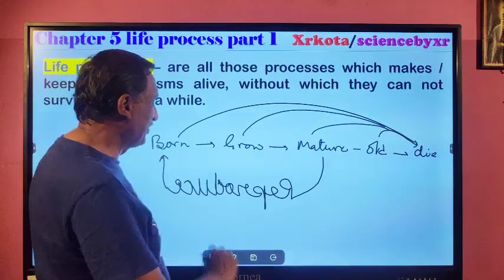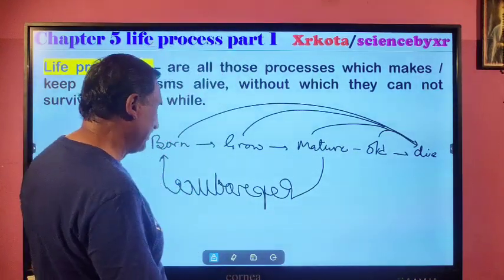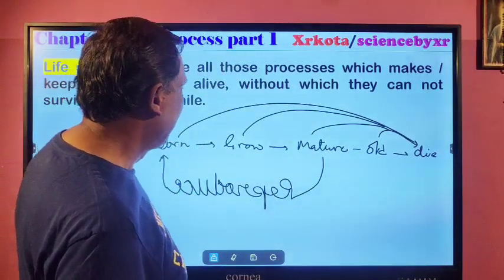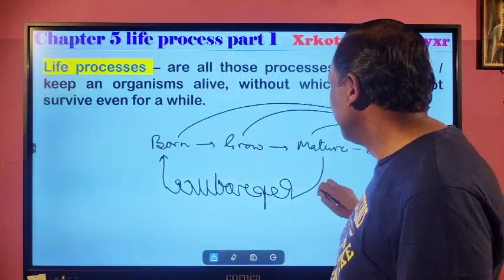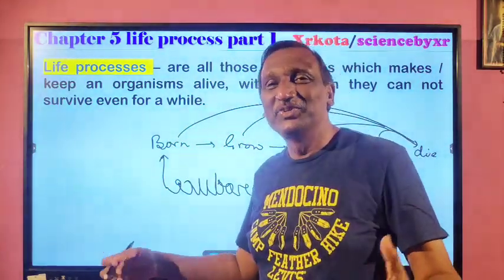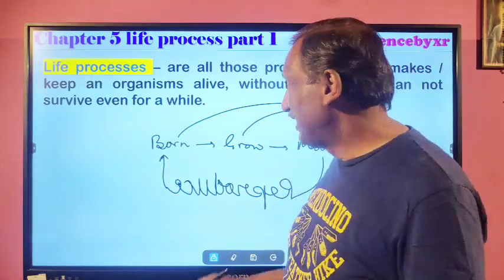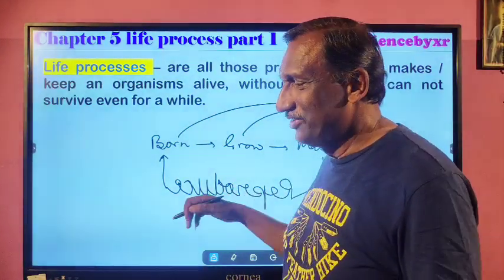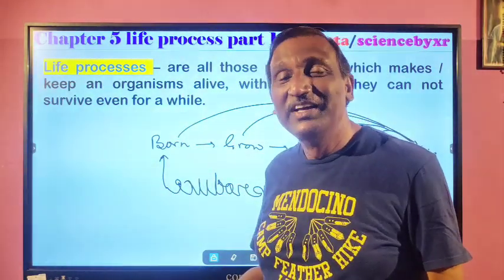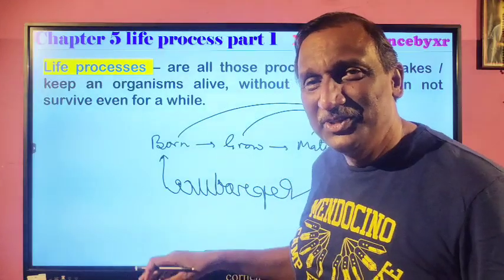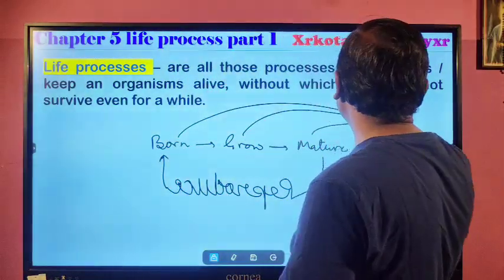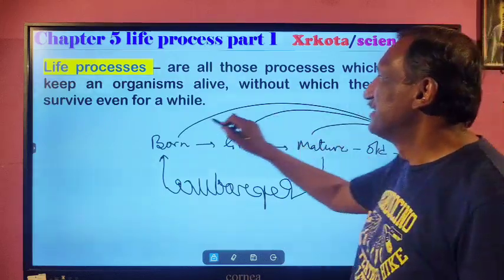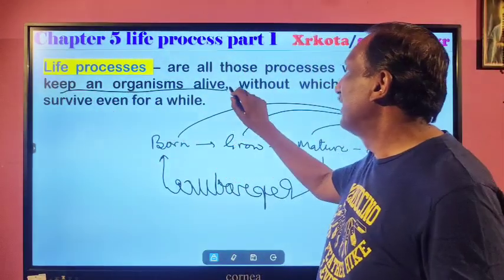So all the living beings have an ability to show reproduction after attaining maturity. It is not necessary that all the living beings will reproduce, so that is why we do not call it a life process. What is a life process? It is that which makes an organism alive.